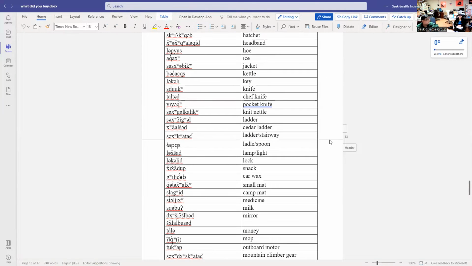And snow up here, because it sounds different everywhere you go. I'm pretty sure Southern Lushootseed, closer towards the water, has a different name, but quote, quote. Up here, if you walk on the ground, it's quote, quote.